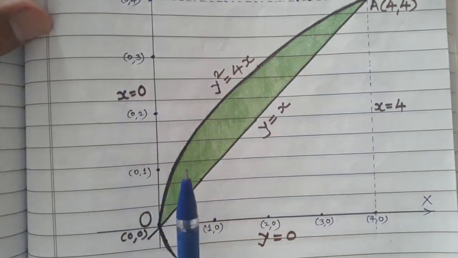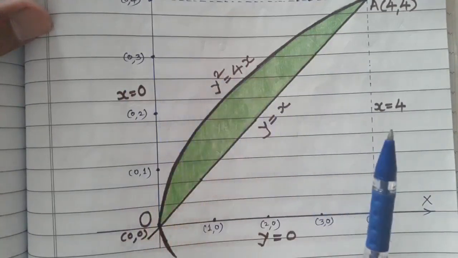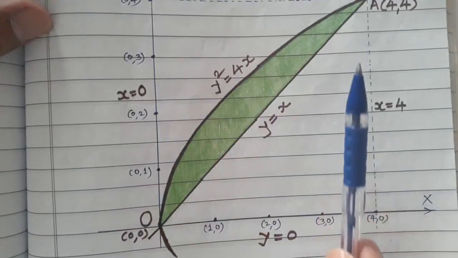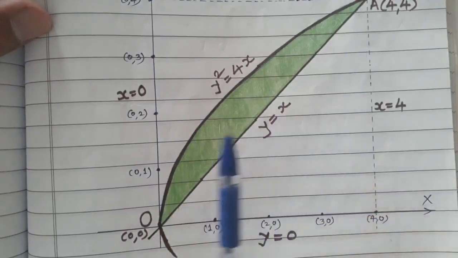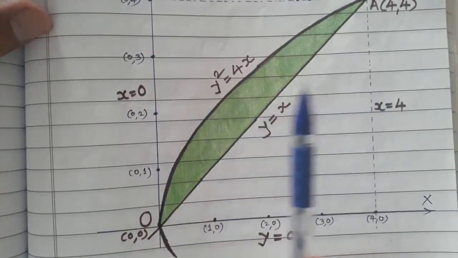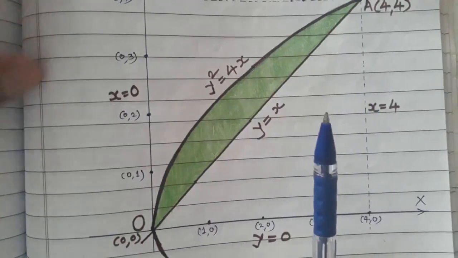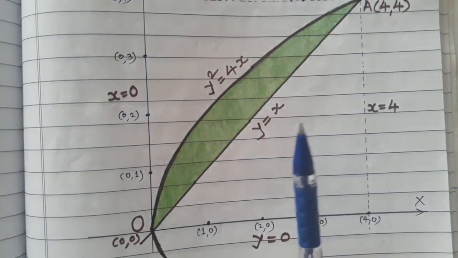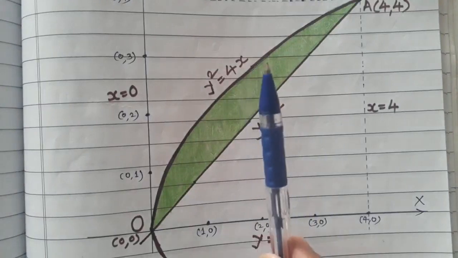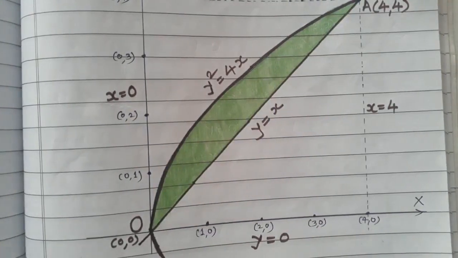Therefore, I have to consider the maximum left side x is equal to 0 to the maximum right side x is equal to 4. So the limits of x are from 0 to 4, which will cover the complete range of the bullet. So these are the limits: y from x to 2 root of x, and x from 0 to 4. Similarly, when we want to integrate with respect to x first, x is a horizontal axis.